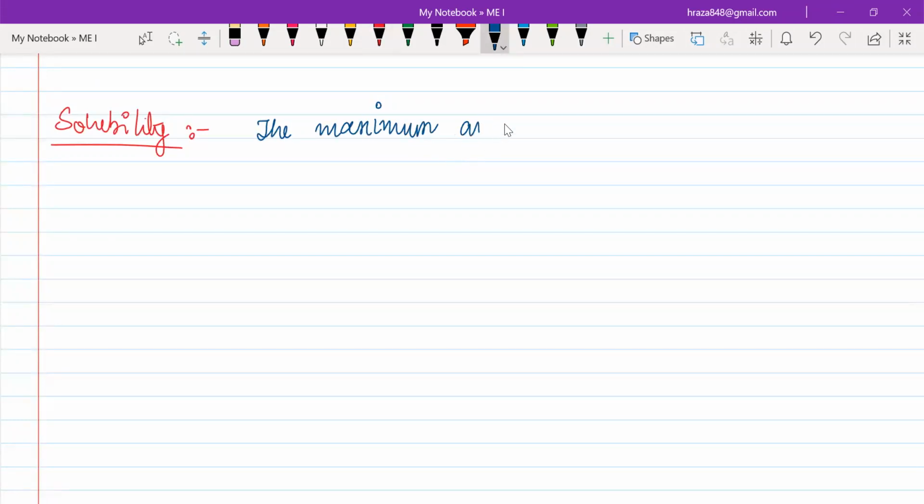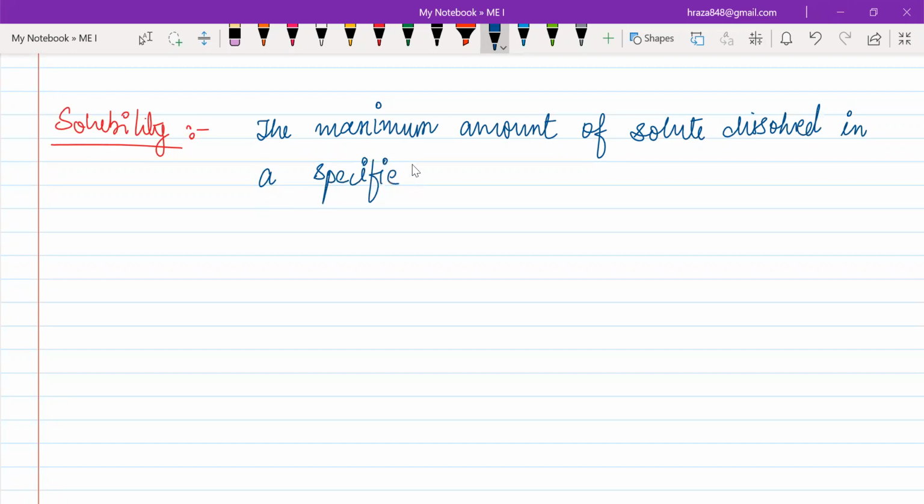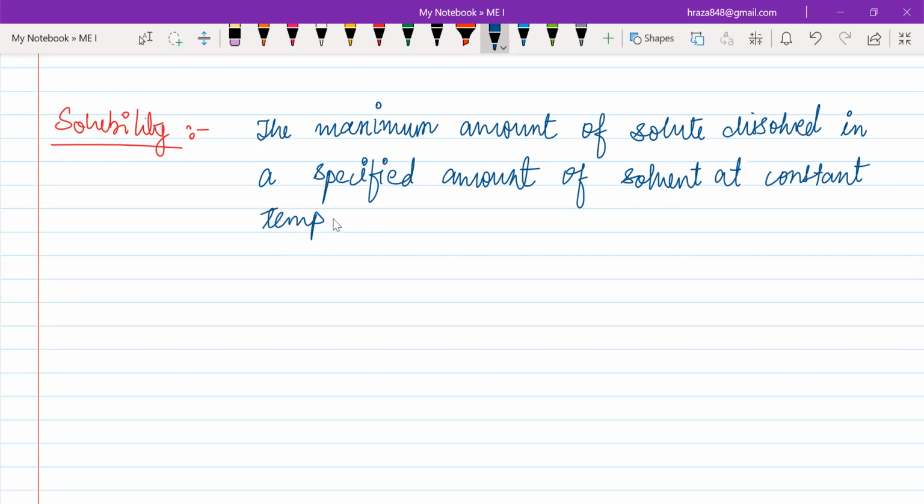The maximum amount of solute dissolved in a specified amount of solvent at constant temperature is called solubility.